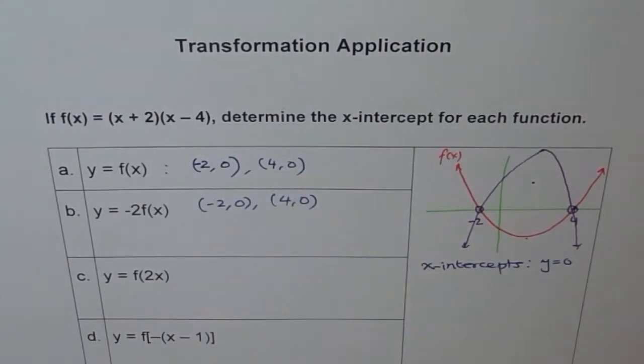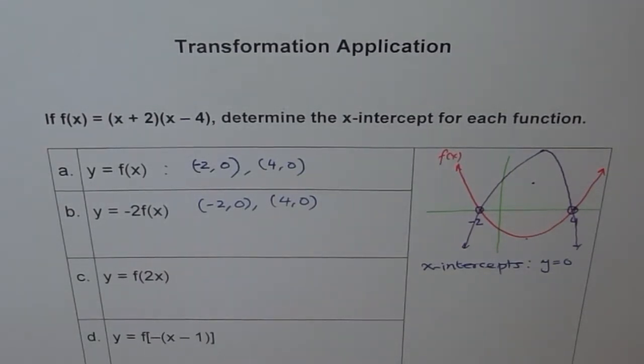Now, this is one way of doing it. The other way of doing it is to see the transformed points. Do you remember that concept of transformed points? It was like this.